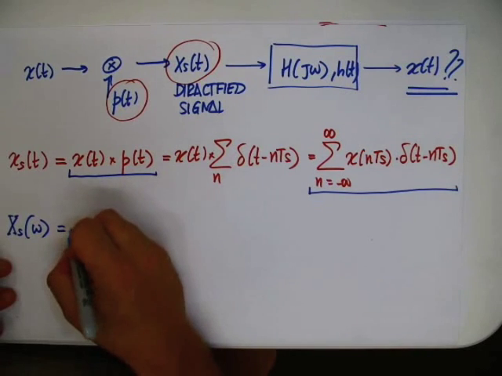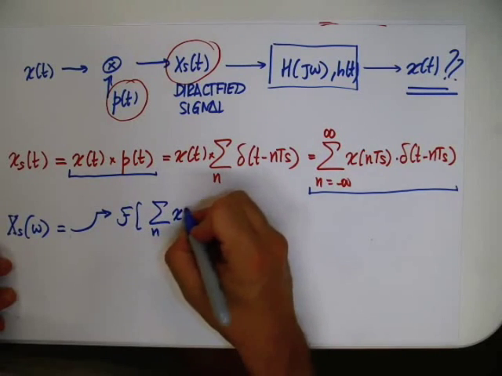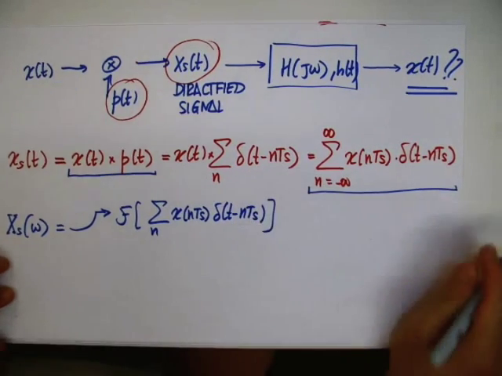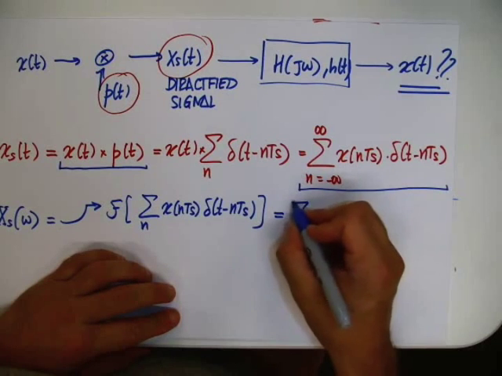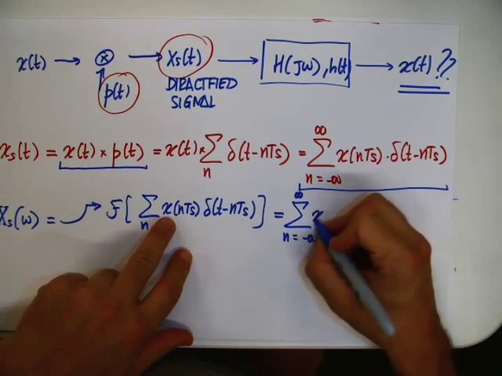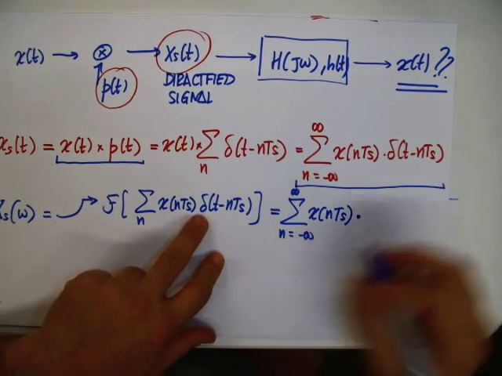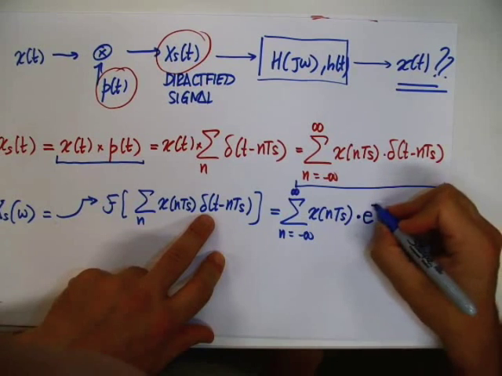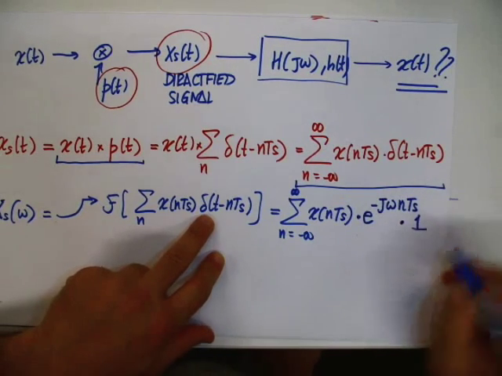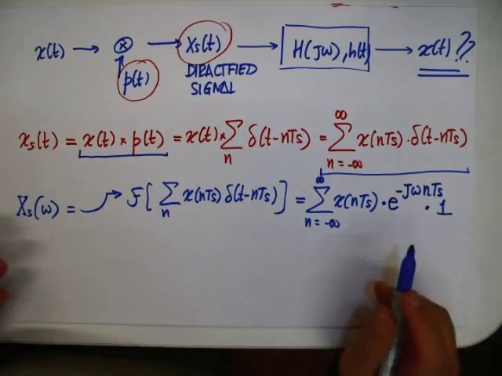I can do the Fourier transform of this infinite sum, and this is going to give me the infinite sum over n of this coefficient times the Fourier transform of this shifted delta, which is going to give me a term e to the minus j omega n t sub s times 1, which is the Fourier transform of a delta. And that is one expression that may be useful or not.